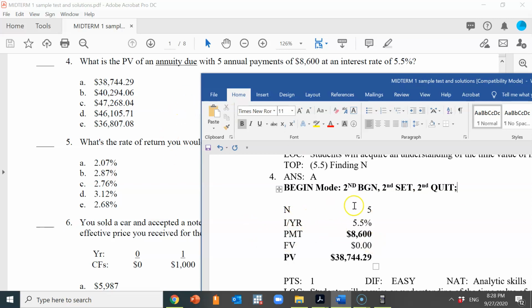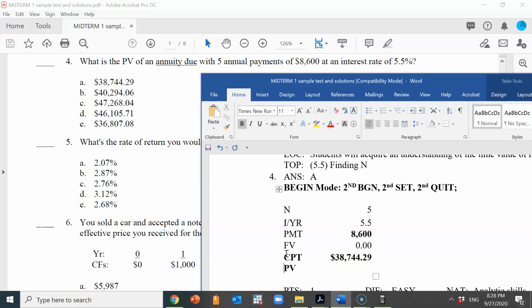And we input N as 5, interest rate as 5.5, payment as 8,600, future value as 0, and compute for present value. We should be able to get a negative number as our current money we're paying if we are withdrawing 5 payments in the future.